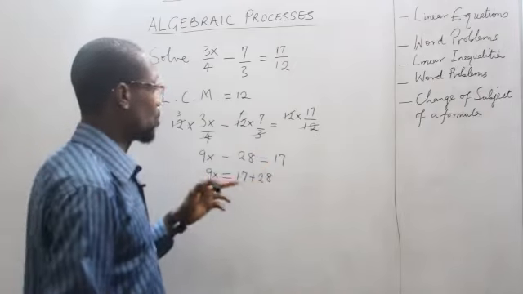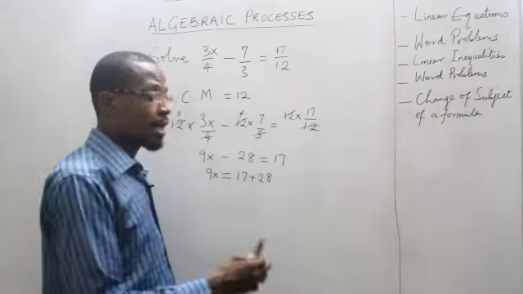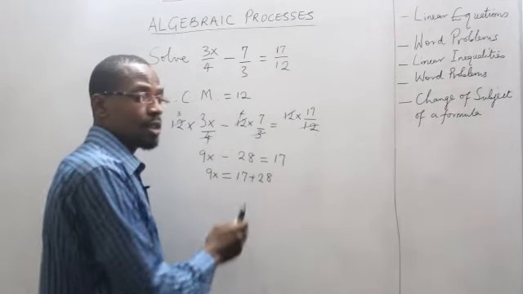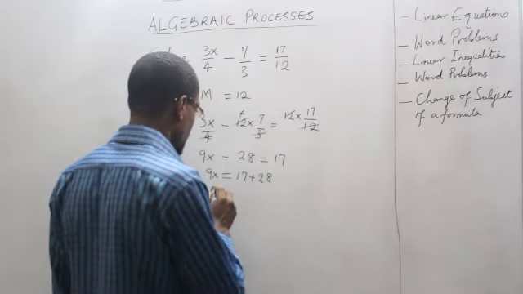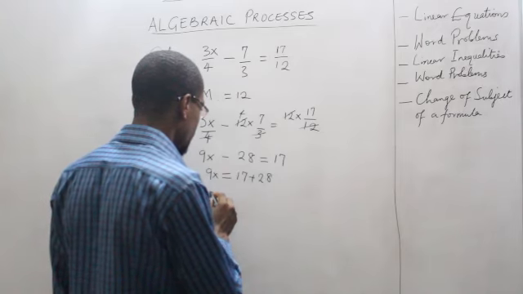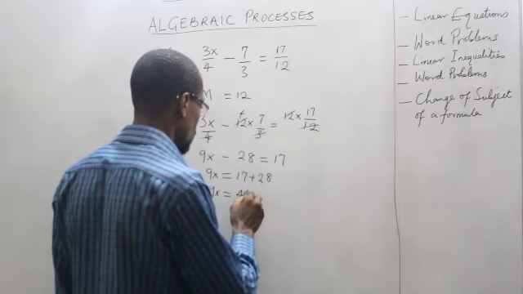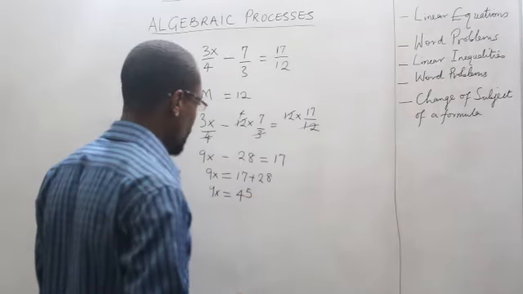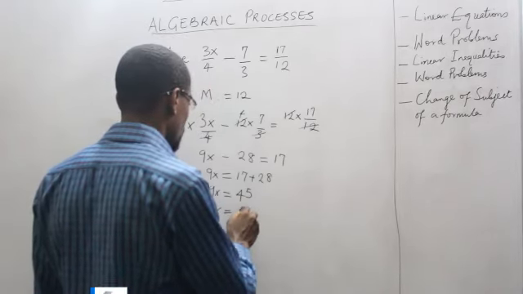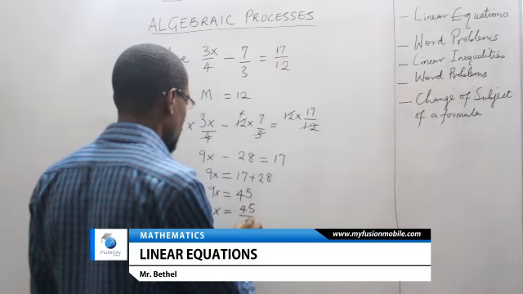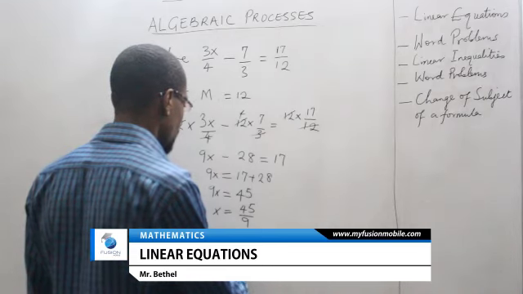You can as well say that you move 28 over the equality sign to the other side, and of course the negative sign changes to positive. And so we have now that 9x becomes equal to 45. And so x becomes equal to 45 divided by 9, and x becomes equal to 5.